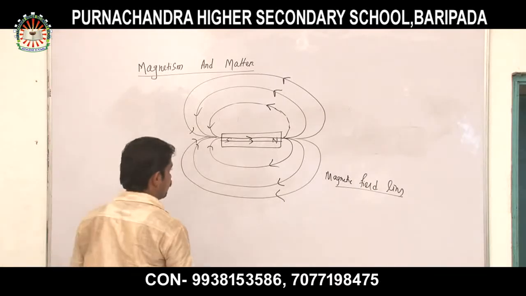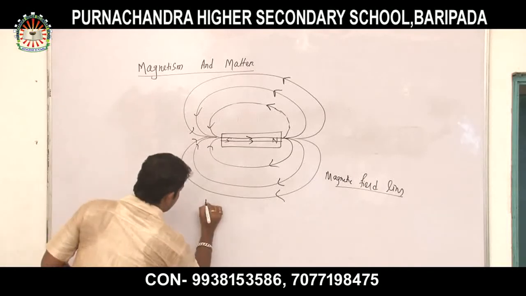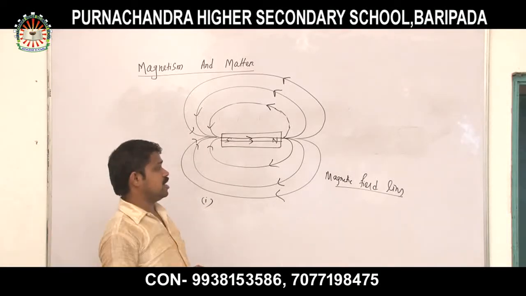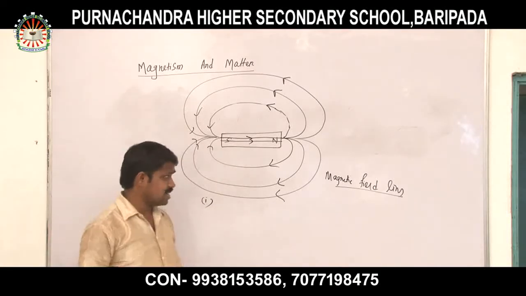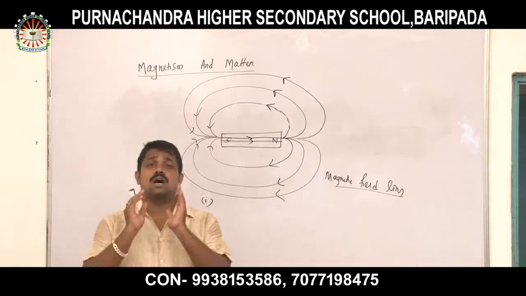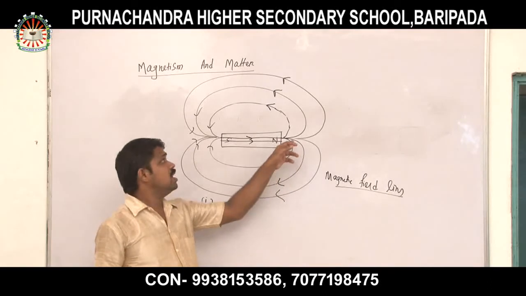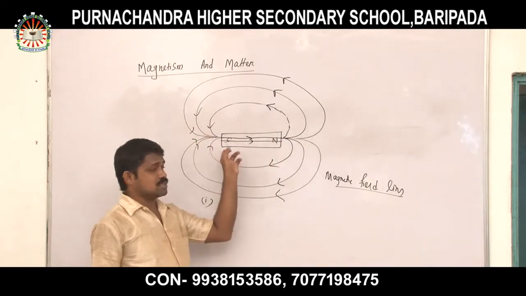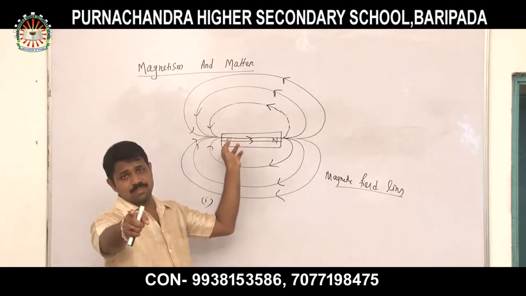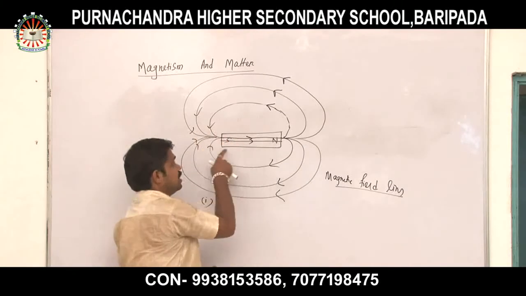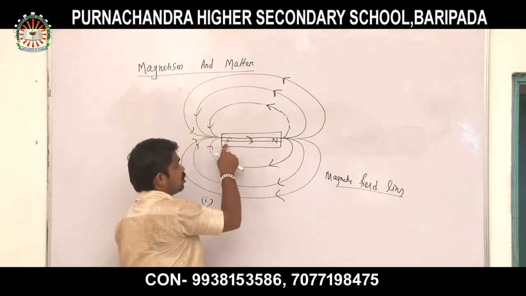The first property of magnetic field lines is that they are always generating from the north pole of the magnet and entering into the south pole of the magnet outside the magnet, and inside the magnet they move from south pole to north pole.